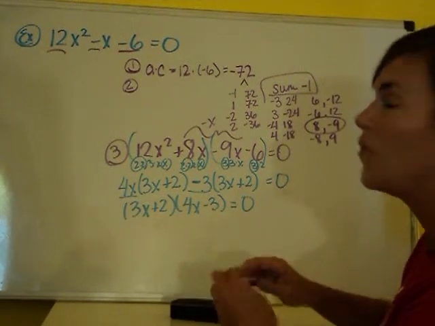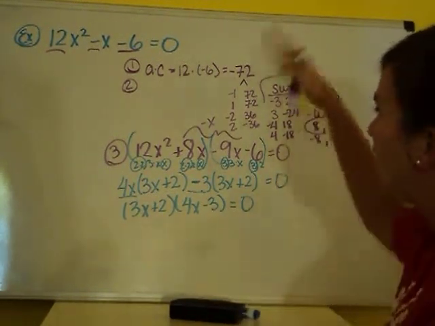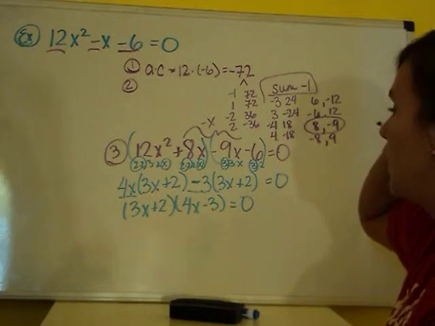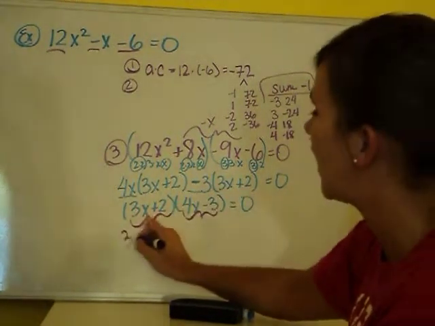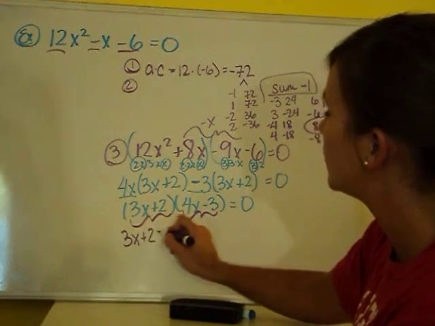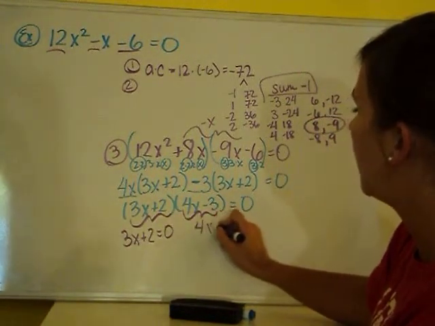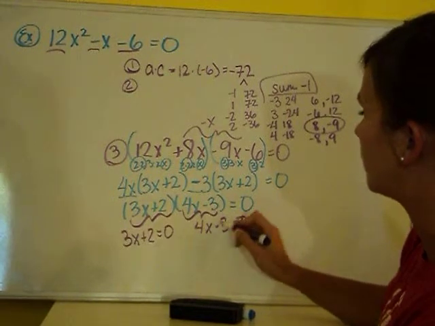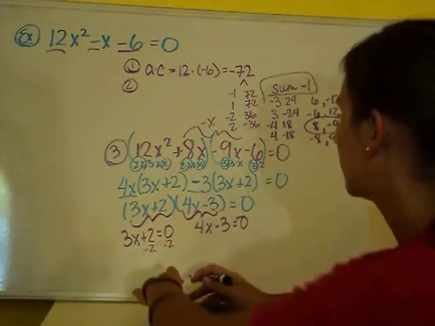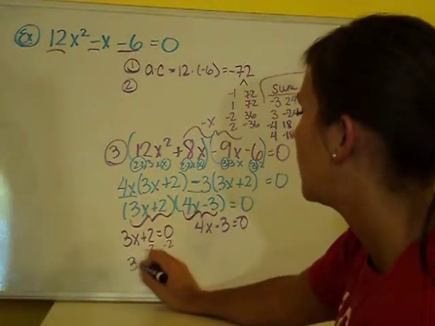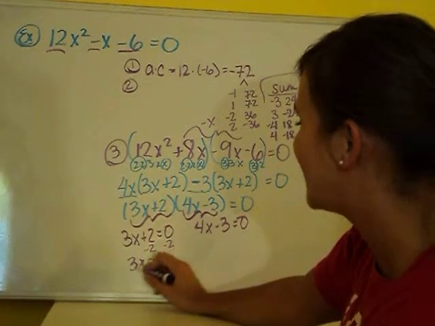Okay, now we're going to use our zero product property. So all this you've been doing, now we're just going to tack on what we've been learning. So if I have 3x plus 2 equals 0 and 4x minus 3 equals 0. To solve, I subtract 2, 3x equals negative 2.